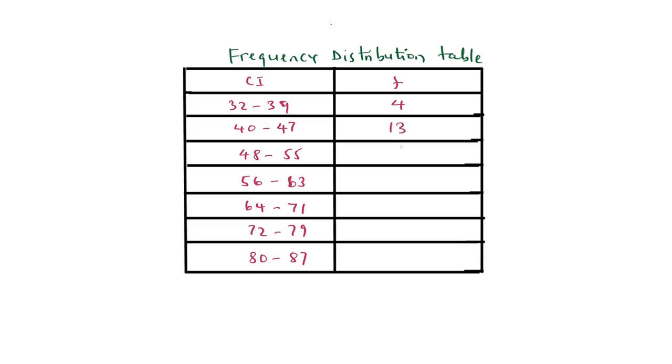The next one is 8. The next is 6. The next one is 6. The next one is 2. And for our last class interval, counting the values, we have just 1. So this is our requested frequency distribution table.